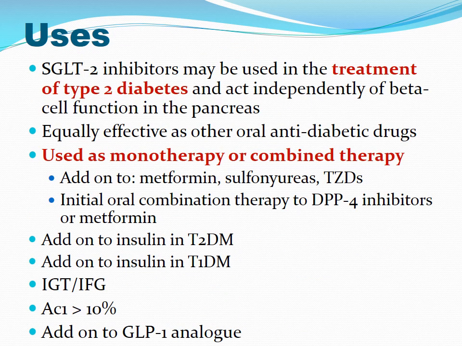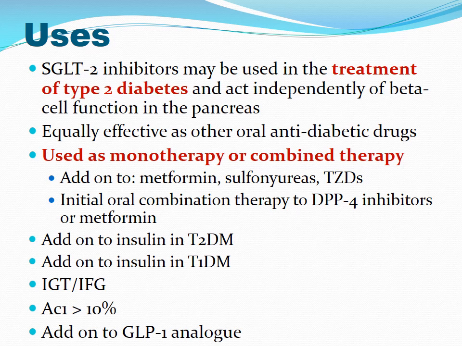Therapeutic uses. These drugs are used for treatment of type 2 diabetes, and they act independently of beta cell function in the pancreas. They are equally effective as other anti-diabetic drugs, used as monotherapy or combined therapy.